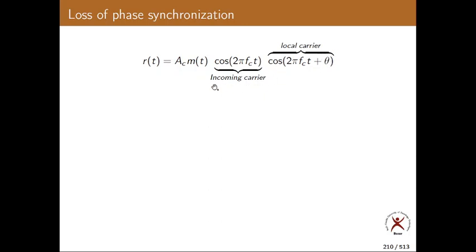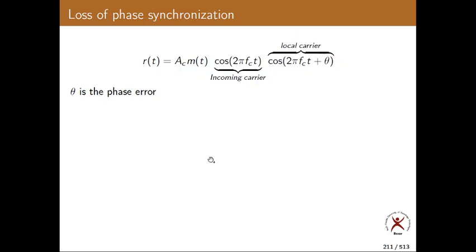So they don't have the same phase, they have the same frequency but different phases. So there is a loss of phase synchronization. What happens if it is so? Theta is called the phase error. What is phase error? It is the phase difference between the carrier at the modulator and the carrier at the demodulator, or the local carrier.